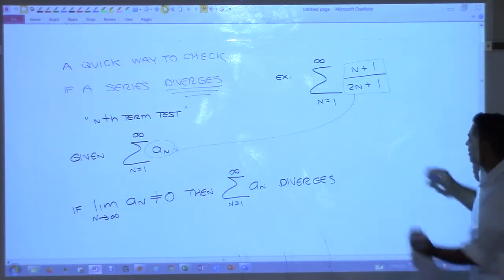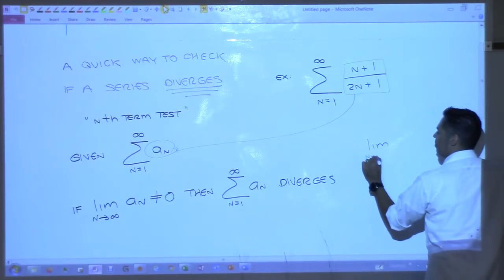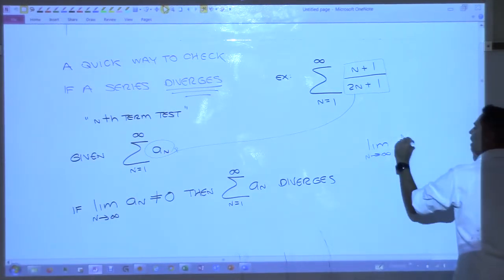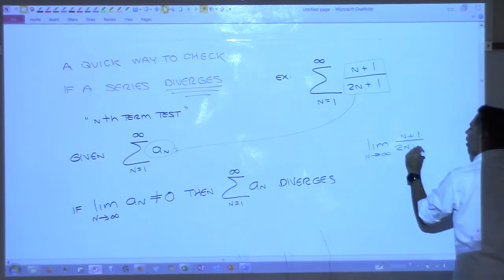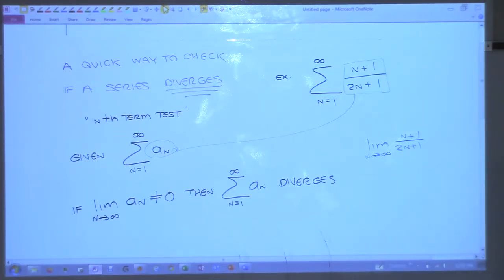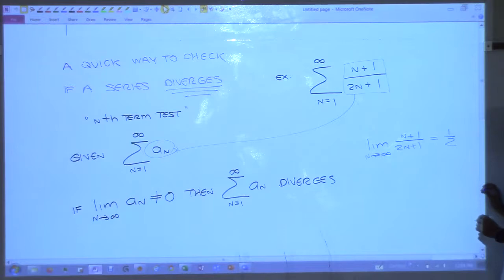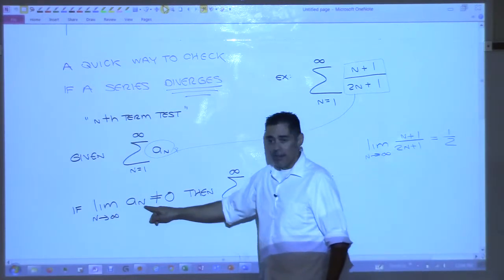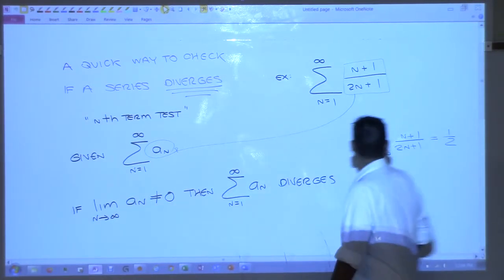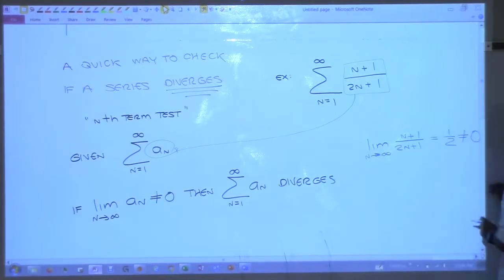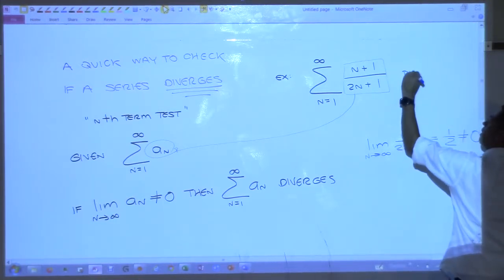We're going to take the limit as n goes to infinity of n plus 1 over 2n plus 1. Now we already know from our experience last class that this thing goes to a half, right? We could do L'Hopital and we'd figure that out. This goes to a half. And because it goes to a half, and that 1/2 is not 0, then what can we say? That it diverges. And we're done.